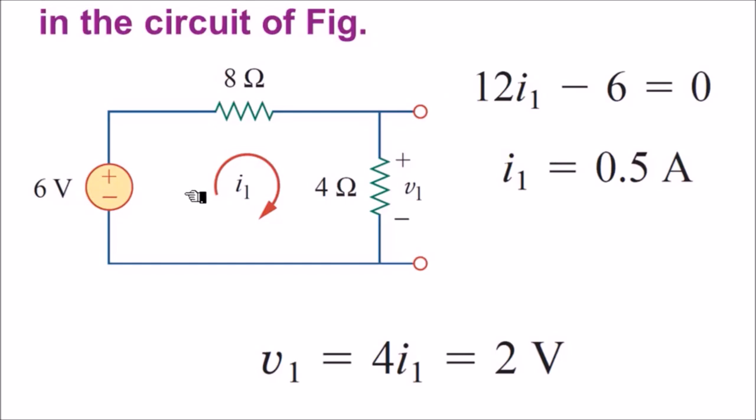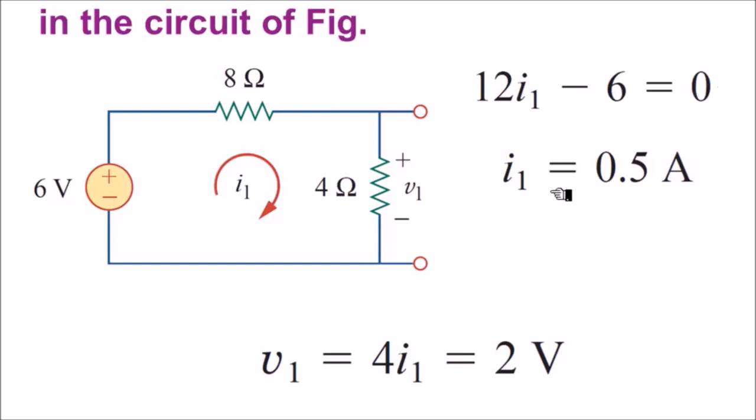Now you can use normal circuit analysis techniques to find the voltage V1. To find V1, we need the current flowing through the 4 ohm resistor, which can be calculated using mesh analysis. Since we have only one mesh, you can assume the mesh current as I1 and apply KVL to the mesh. You will get the equation 12 I1 minus 6 is equal to 0.